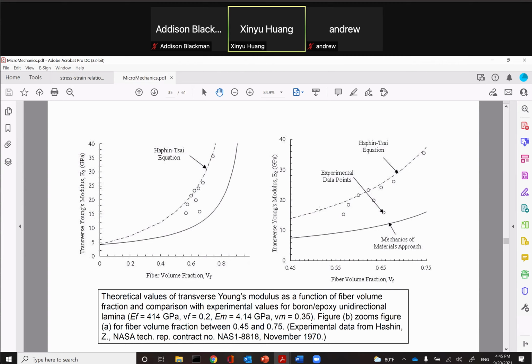Okay. So if you're using a code, sometimes people incorporate these models into standard codes. You can pick how you get your transverse property. You can either enter a number or you estimate. For estimating, they give you options: the rule of mixtures or the Halpin-Tsai equation. Usually the Halpin-Tsai equation gives you a much closer guess.